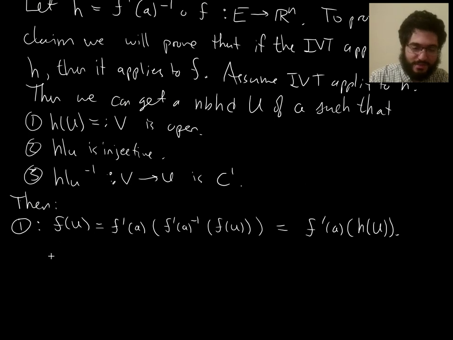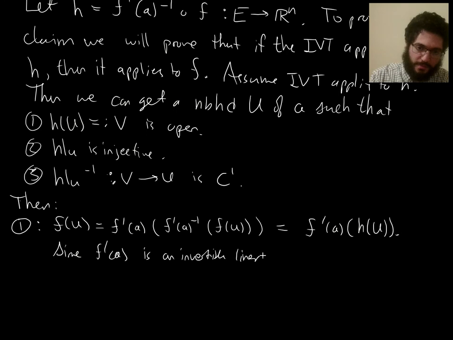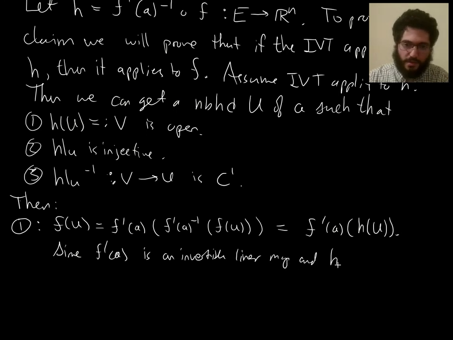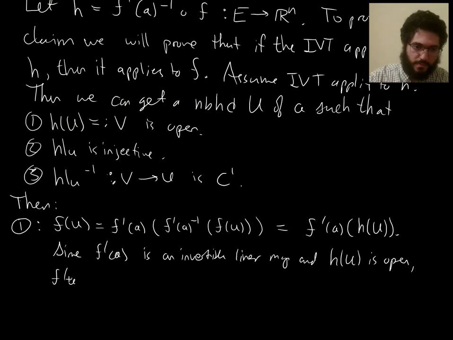So, since f prime a is an invertible linear map, and h of u is open, f prime a of h of u is open.